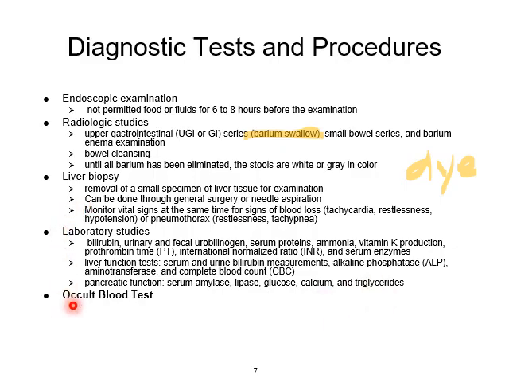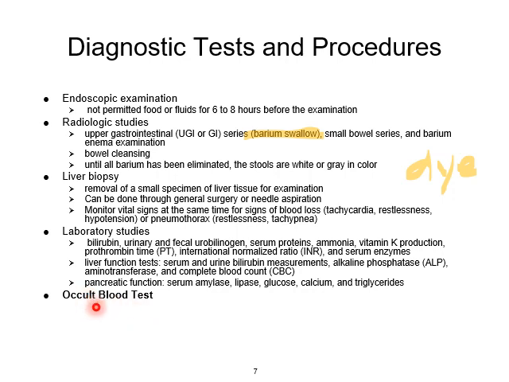Now, occult blood test. This is when we collect a stool specimen, the poop of the patient, and what we are looking for is blood, a hidden blood in the stool. That's why it's called occult, because occult means hidden.